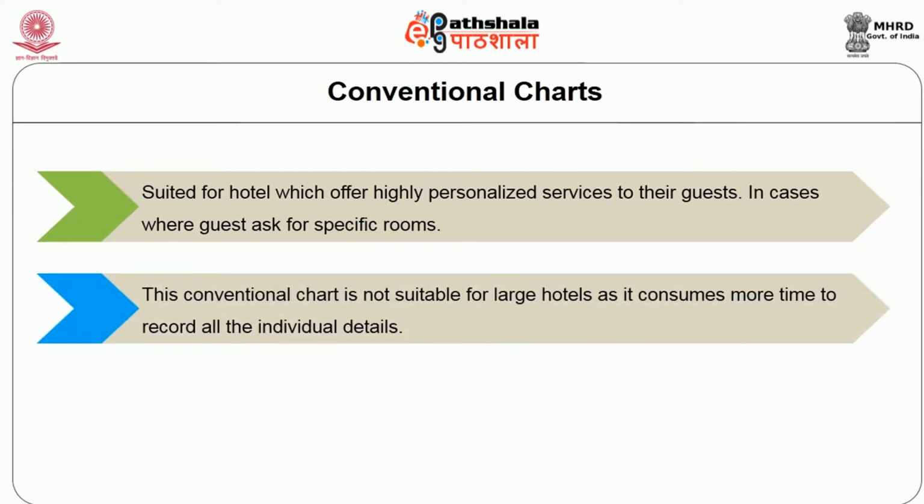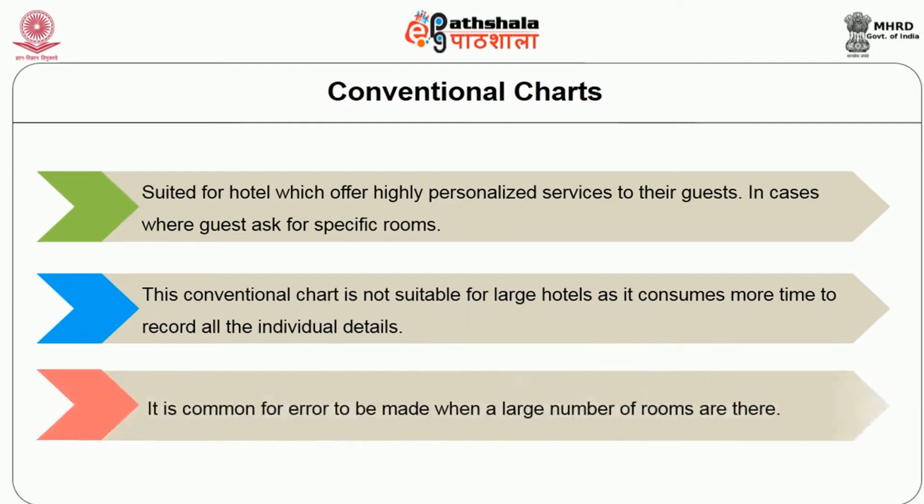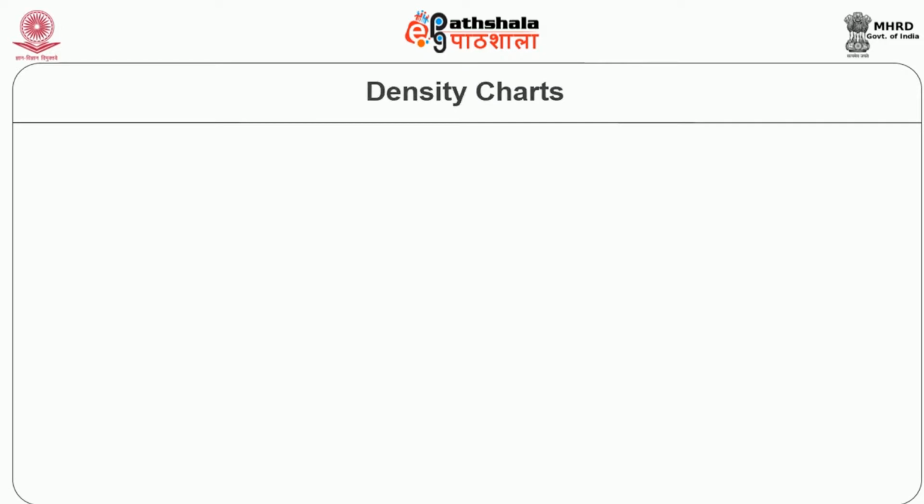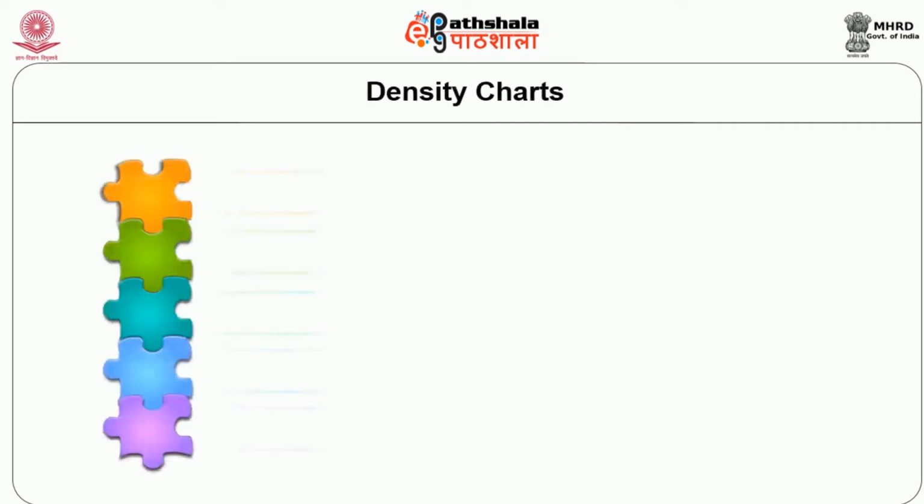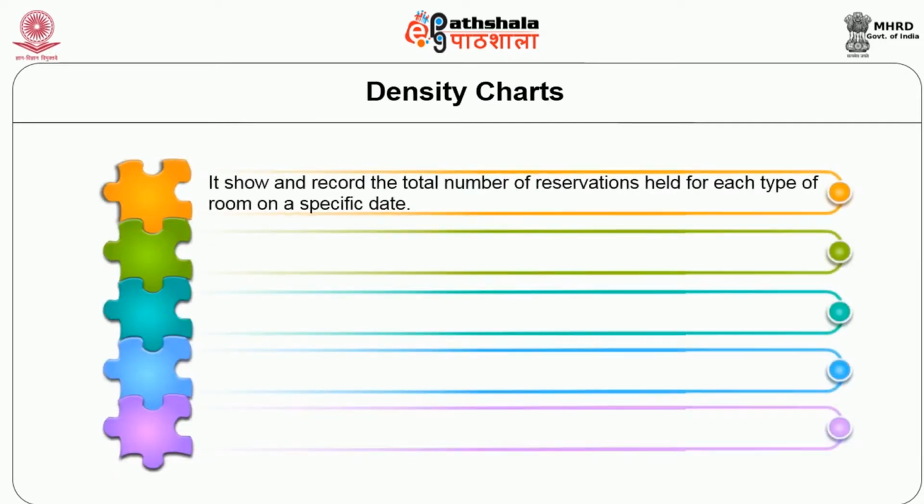This conventional chart is not suitable for larger hotels as it consumes more time to record all individual details. So it is common for errors to be made when a large number of rooms are there. So it best suits smaller hotels. The next type of chart is the density chart. This chart shows and records the total number of reservations held for each type of room on a specific date.